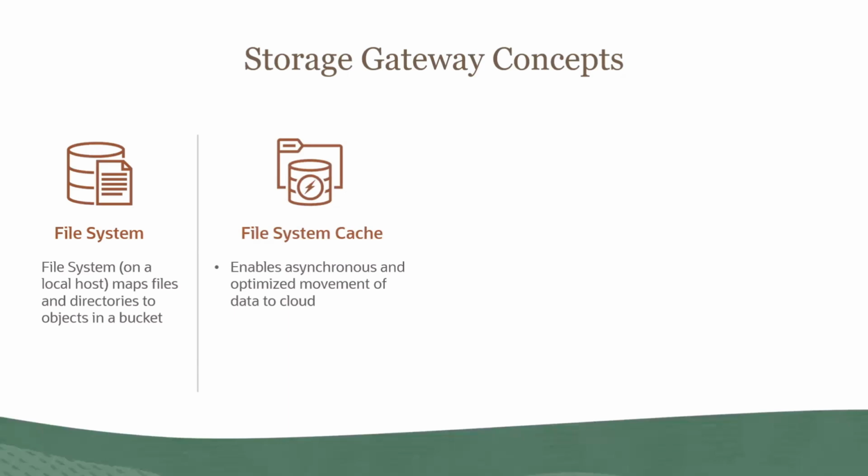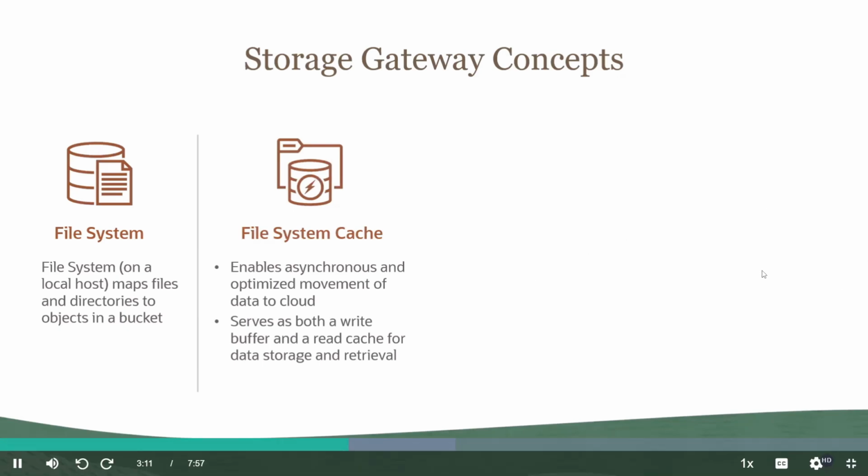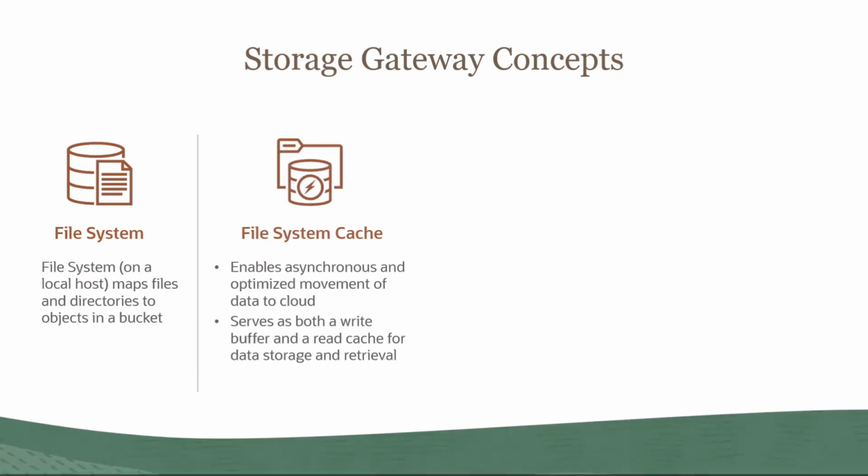When you retrieve data from OCI object storage, the data is stored in the storage gateway read cache. The read cache is going to allow subsequent I/O operations to that data at local disk speed. And when an application transfers files through an NFS share, the files are written to the write buffer. And that is going to facilitate asynchronous movement of data to OCI.